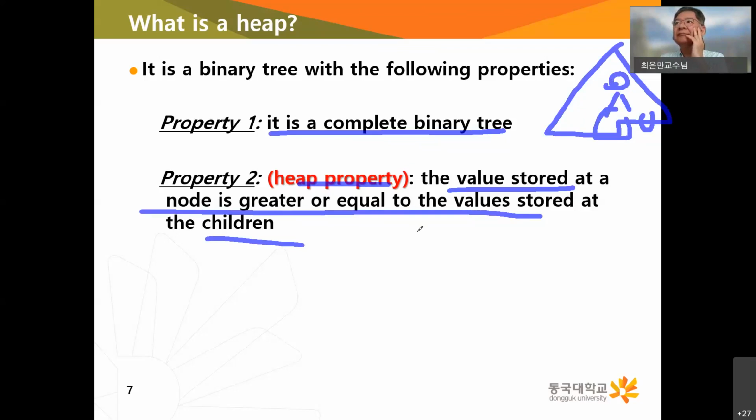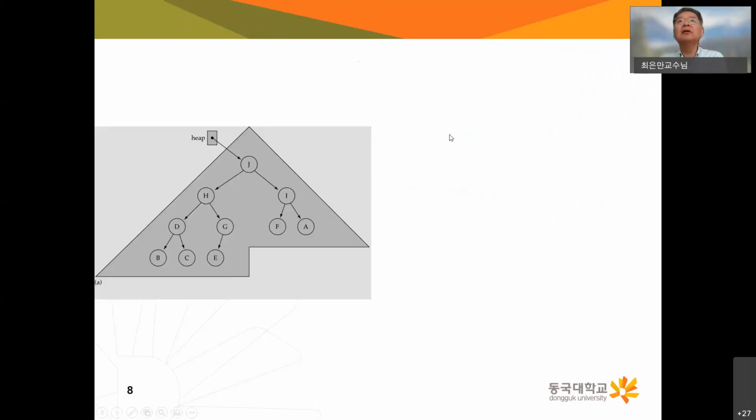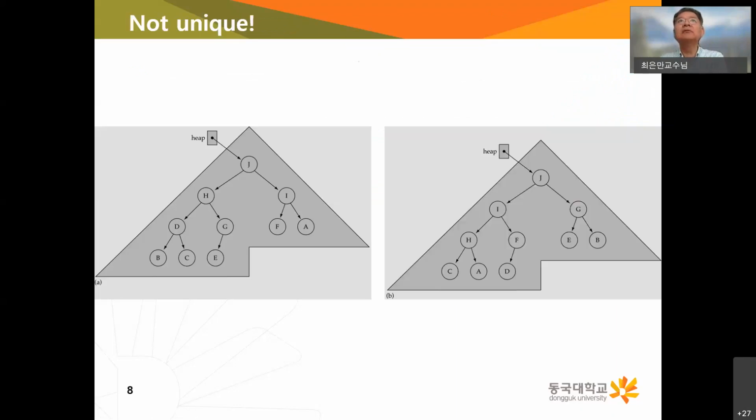이해가 되네. Okay, I'm going to give the example for that. Okay, so here's the example. The left example, is that a heap or not? heap인가요, 아닌가요? 왼쪽 거. 봅시다.